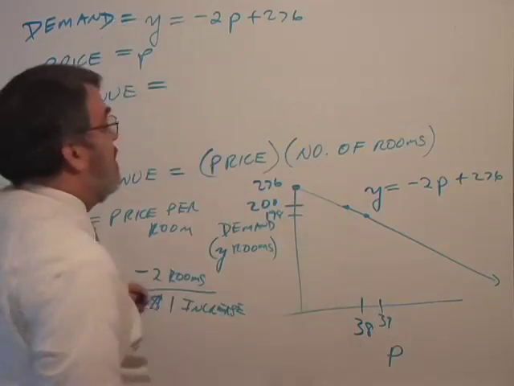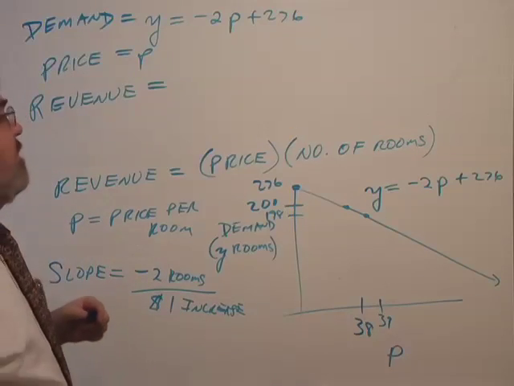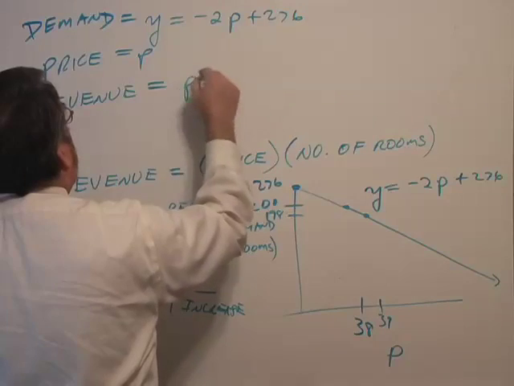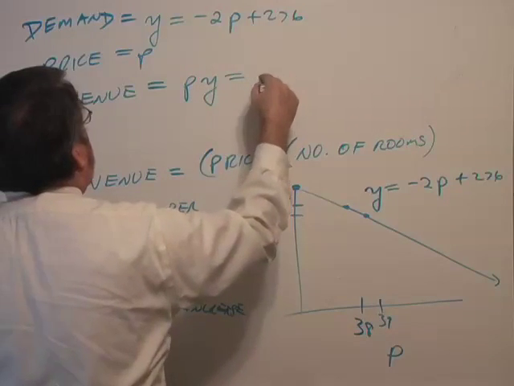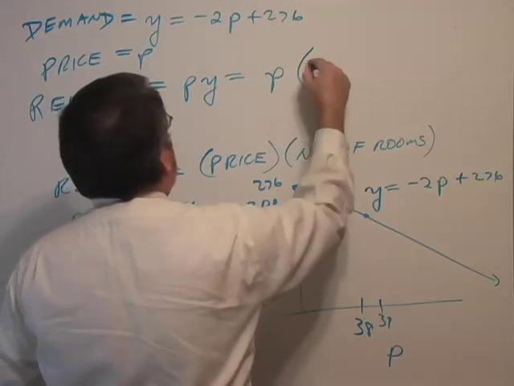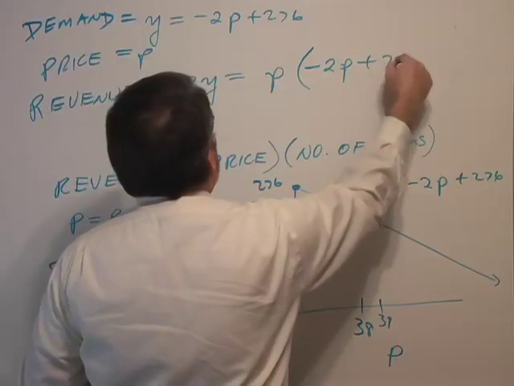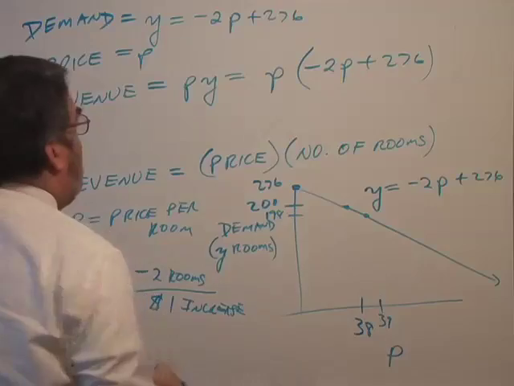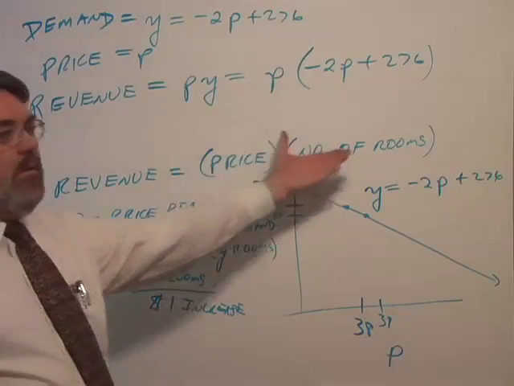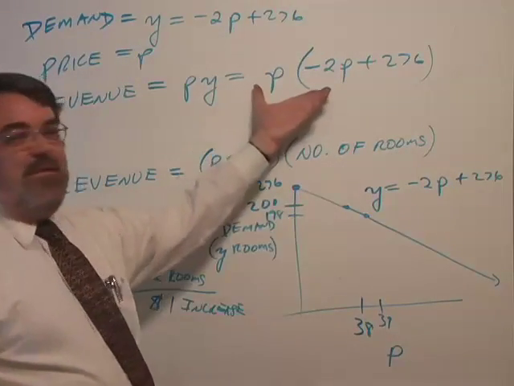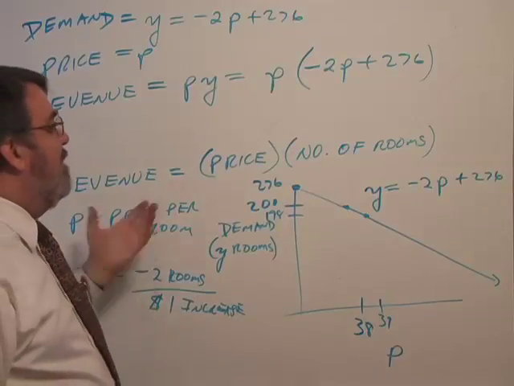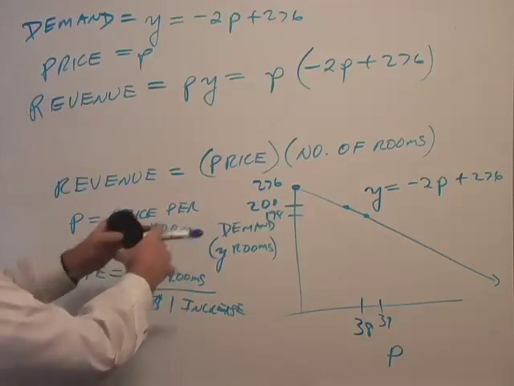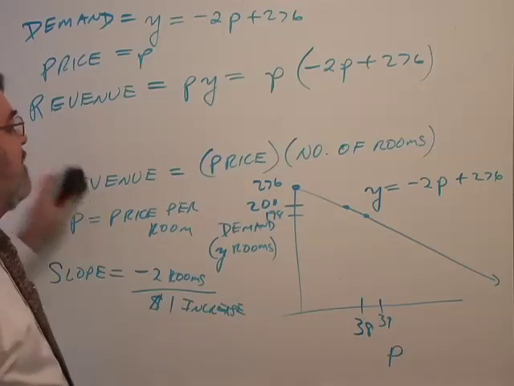Remember, demand is another word for how many rooms they can rent. So it's price times demand, P times Y, which is P parentheses minus 2P plus 276. So I've translated these words into a function. And lo and behold, guess what? It's a quadratic function. So I'm going to erase this stuff down here so we can finish the problem.